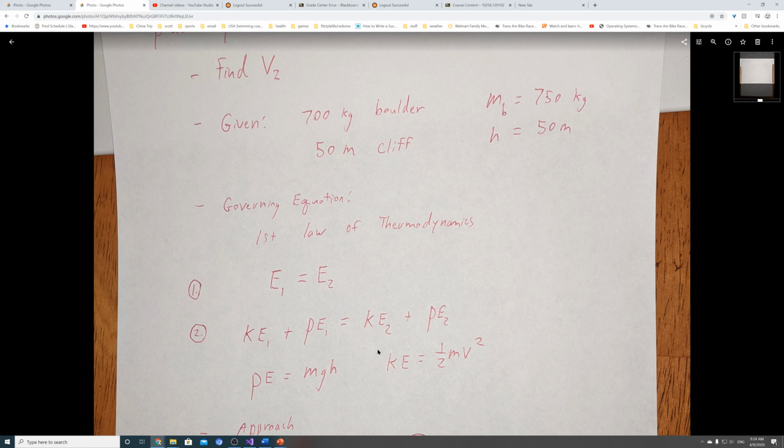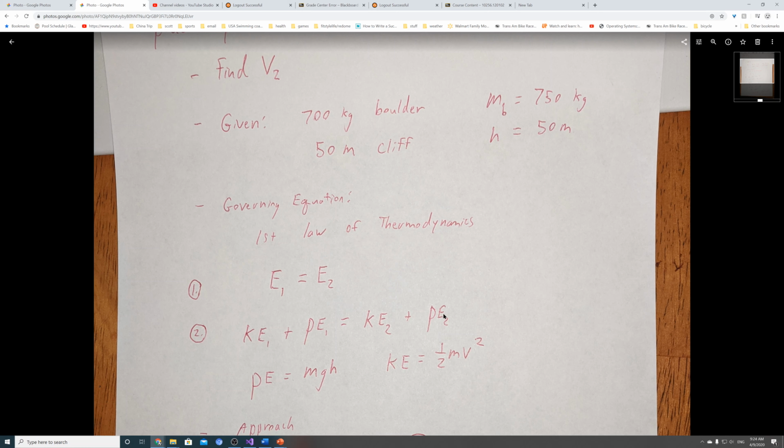As it's falling, you start off with no kinetic energy because there's no initial velocity, and you have some potential energy. But as it falls, its kinetic energy goes up and its potential energy goes down.